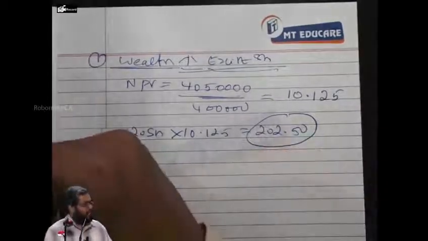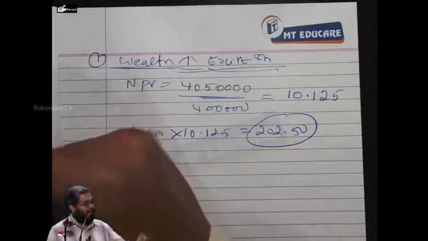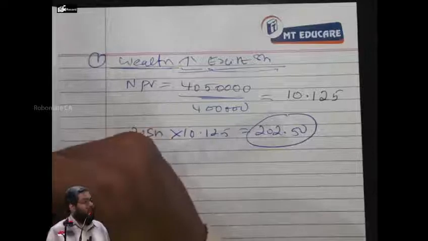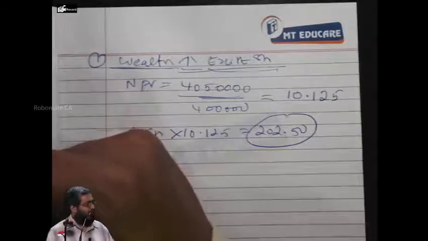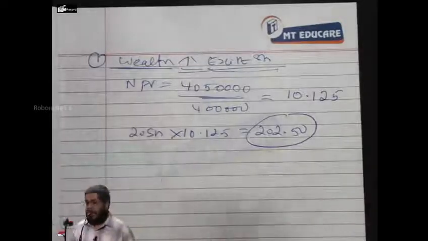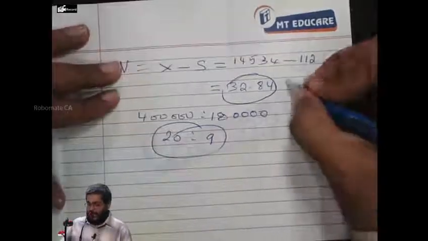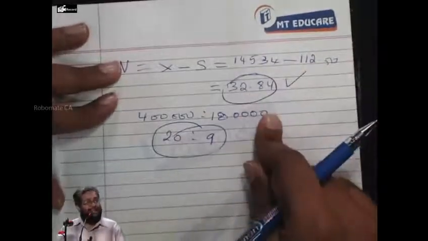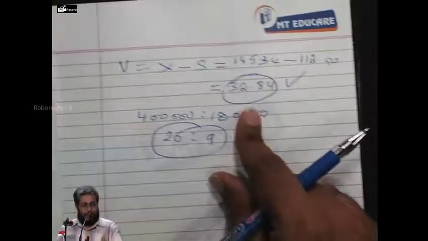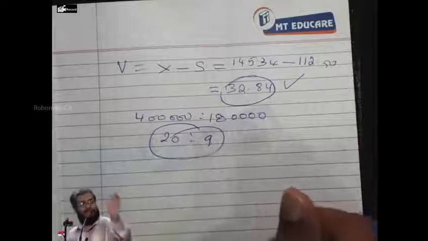The 3,000 rupees became 3,202.5 because for every share the old share is holding, he is getting 10.125 extra NPV. For his 20 shares he got 202.36. That means if I price the rights at how much rupees? 32.84. The meaning is entire NPV from the new project is cornered only by the old shareholder, leaving 0 to the new shareholder.